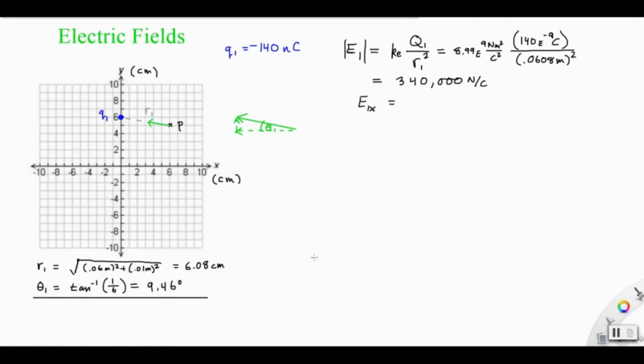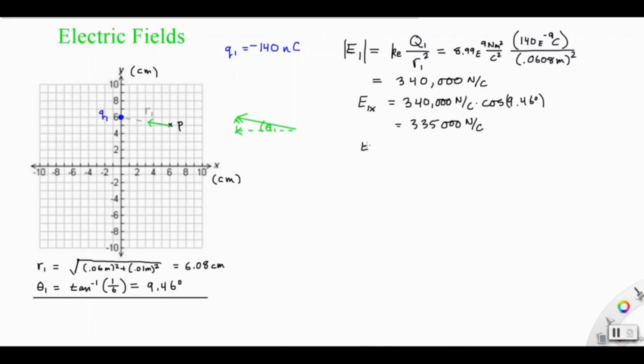9.46 degrees. So now we're interested in the x component, which is along this part of our triangle, the adjacent side, and so we're interested in 340,000 newtons per coulomb times cosine of 9.46 degrees, which will equal 335,000 newtons per coulomb. In other words, most of the electric field is in this direction.